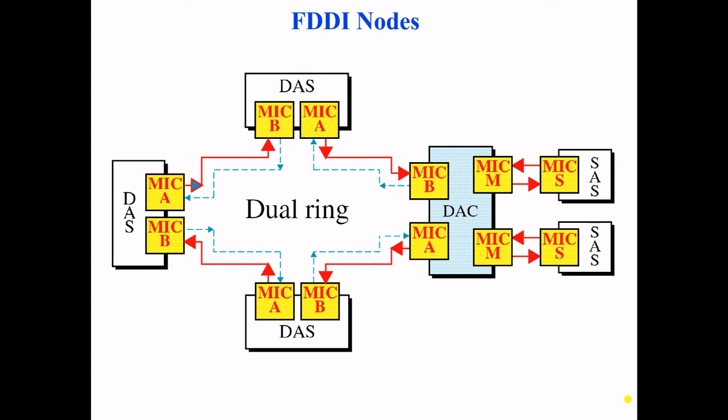Dual attached station. So FDDI offers both a dual attached station, DAS, counter rotating token ring topology, and a single attached station, SAS. In this figure, DAS and SAS both are represented. DAS represents the dual attached station and SAS represents the single attached station. Okay.